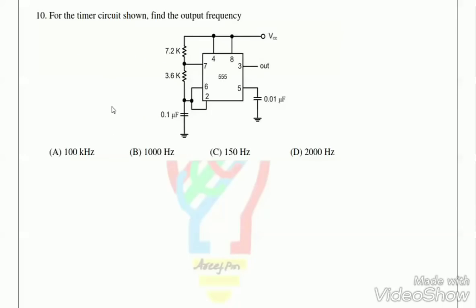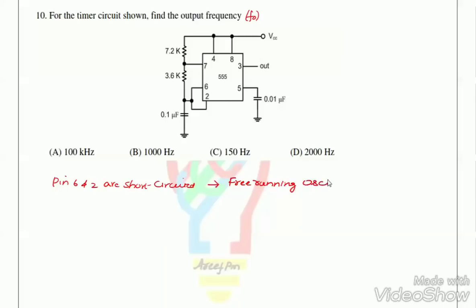And the next question here, for the timer circuit shown, find the output frequency. Here we need to find what is the output frequency F0. Okay, so here we have 555 timer, and observe here that pin number 6 and 2 are short circuited, means they act as a free running oscillator.